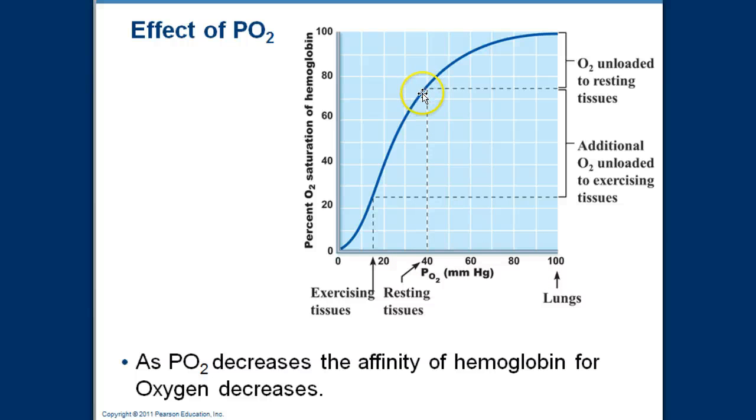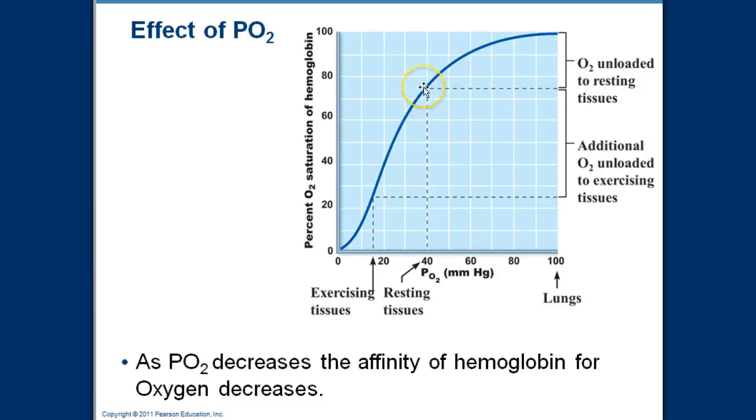Then, as you move from resting tissues into exercising tissues, because as you start to strip oxygen away from hemoglobin, hemoglobin becomes more likely to give it up, you get this real rapid decline. So in a resting tissue, hemoglobin unloads this much oxygen.